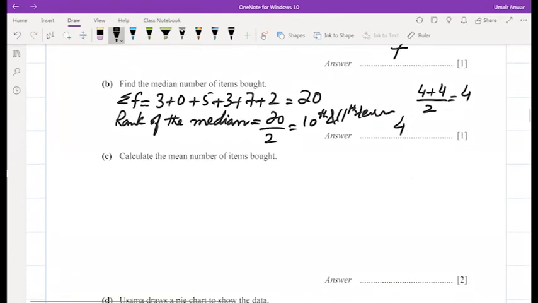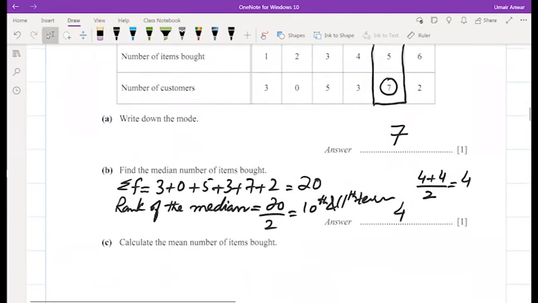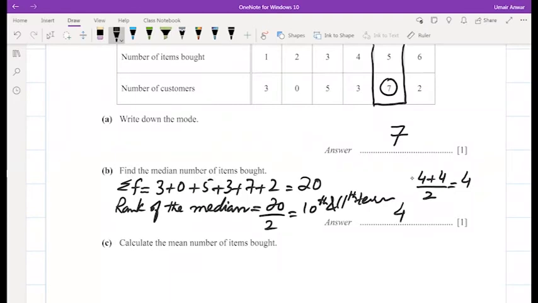The next part says calculate the mean number of items bought. To find out the mean, the mean is given by the summation of every data item multiplied by its frequency and then added, divided by the sum of the frequencies.